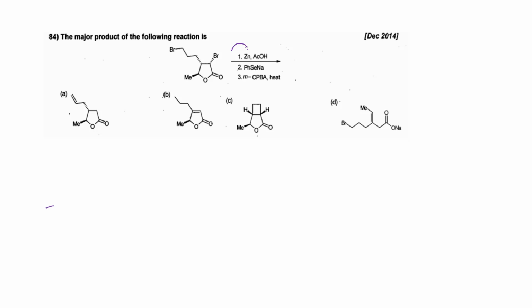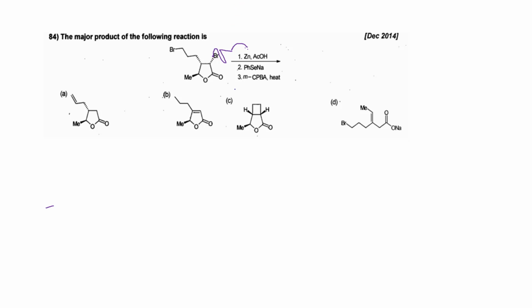In case of the Reformatsky reaction, the zinc gets incorporated between this C-Br bond. For a shortcut you can remember it like this, but the mechanism is not like that.